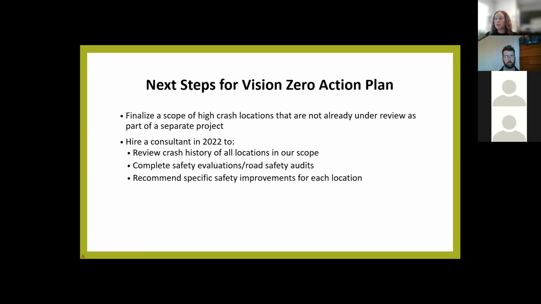Once we finalize this scope of locations, we are going to hire an engineering consultant in 2022 to review the crash history of all locations in our scope, complete safety evaluations or road safety audits, and recommend specific safety improvements for each location based on all findings.